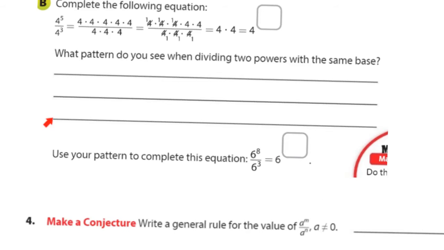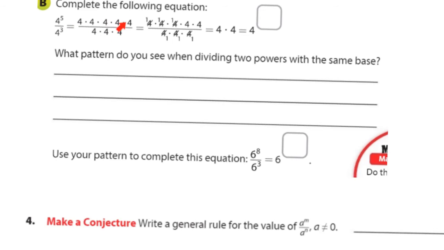Okay, so we're still on page 34 with our conjecture from page 35. Complete the following equation. So you have 4 to the fifth power, fractions are fancy division, divided by 4 to the third power. What they're showing you here is they wrote all 5 of the 4's out in the numerator, and they expanded the 4's in their denominator.